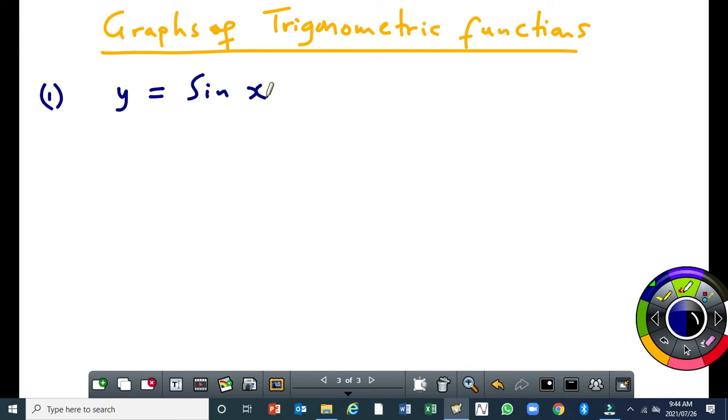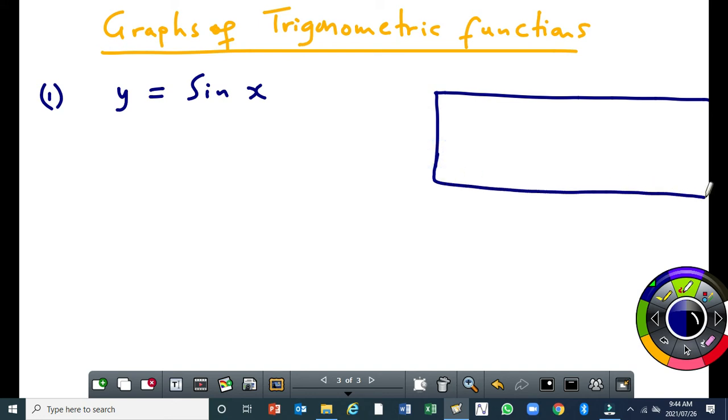Now, I can sketch this graph, but I just want us to do a short exercise. Generally in grade 10, we will sketch the graphs of trigonometric functions from 0 degrees up to 360 degrees. So we only concentrate on the positive values of the independent variable. Our independent variable here is x. Let me just draw a table of values.